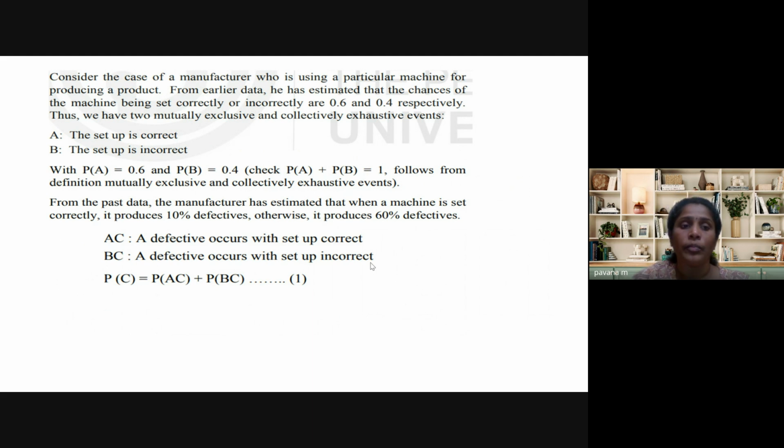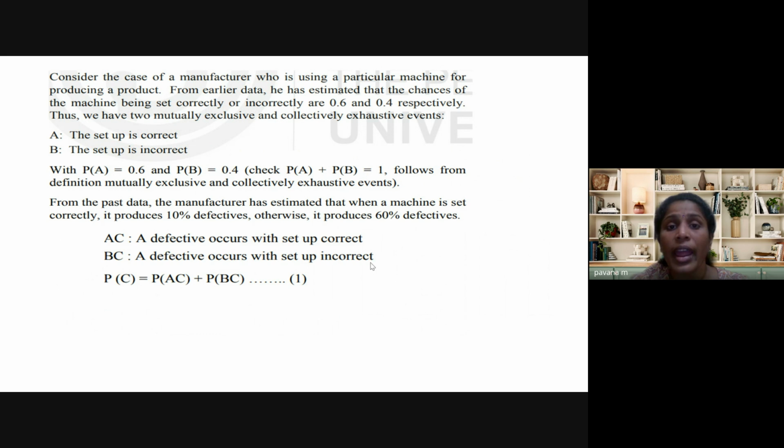So consider the case of a manufacturer who is using a particular machine for producing a product. Okay, they want to produce a product, and for that they are using a particular machine. From early data, he has estimated the chances of the machine being set correctly or incorrectly.